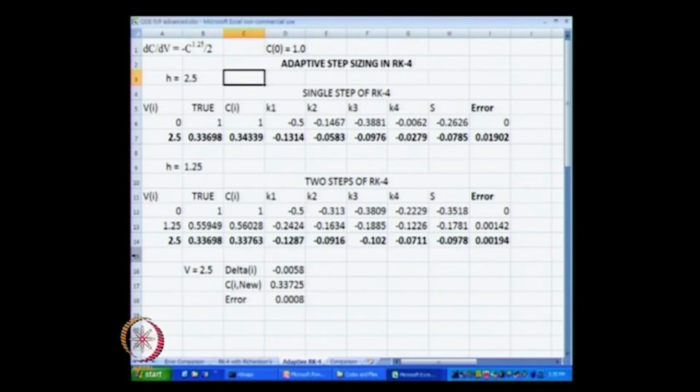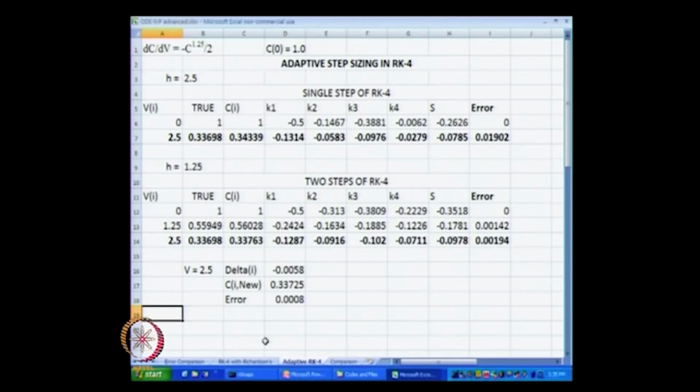Okay, so now we have adaptive step sizing in RK4, and we have computed the RK4 solution using h equal to 2.5 and h equal to 1.25. Let us say that the desired accuracy is going to be equal to 10 to the power minus 5. I have chosen the desired accuracy of 10 to the power minus 5 just to demonstrate how this particular method is going to work.